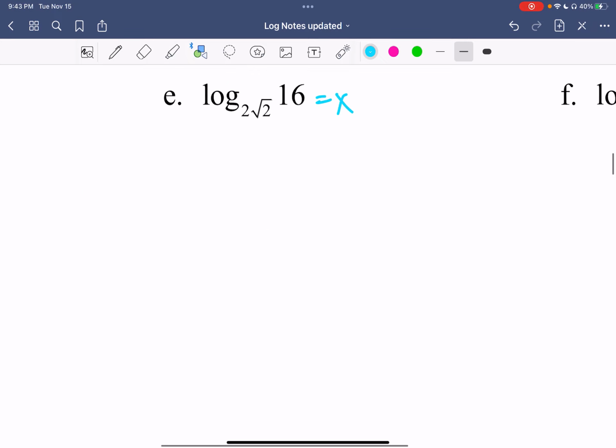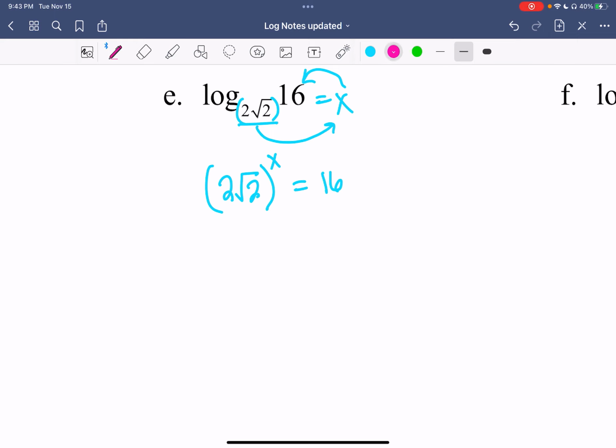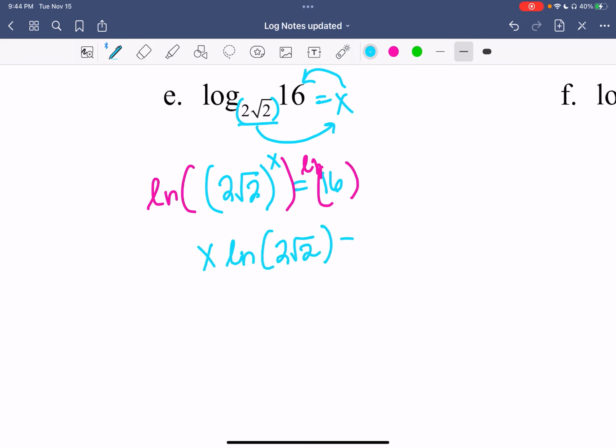Okay. Letter E. Make sure you put this in parentheses. Remember, if it's more than one digit, then do your switcheroo, convert it to exponential form. We got 2 times the square root of 2 to the power of x equals 16. Natural log. Bring the x to the front of the natural log of 2 times the square root of 2.